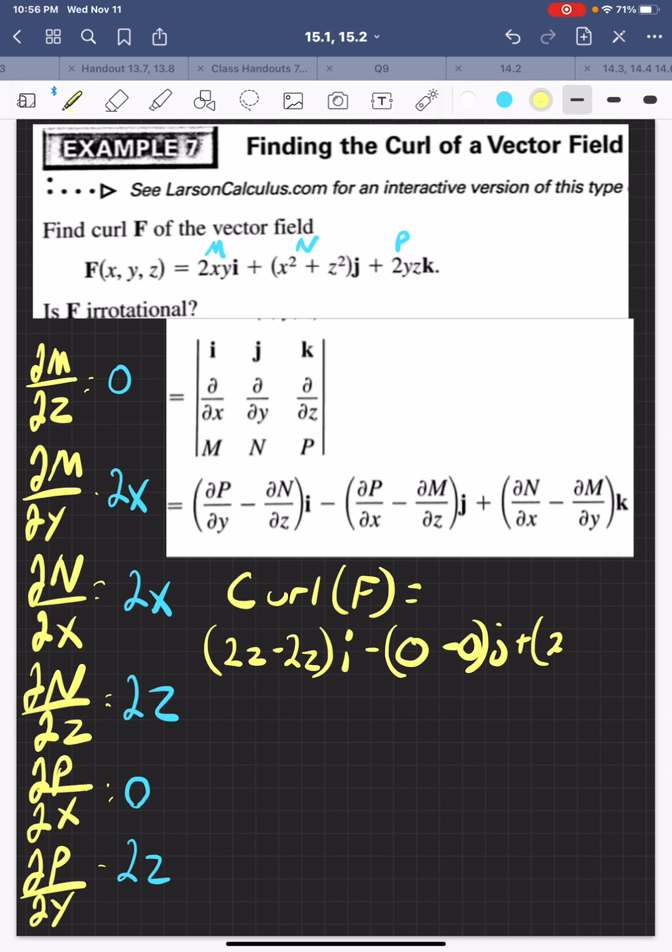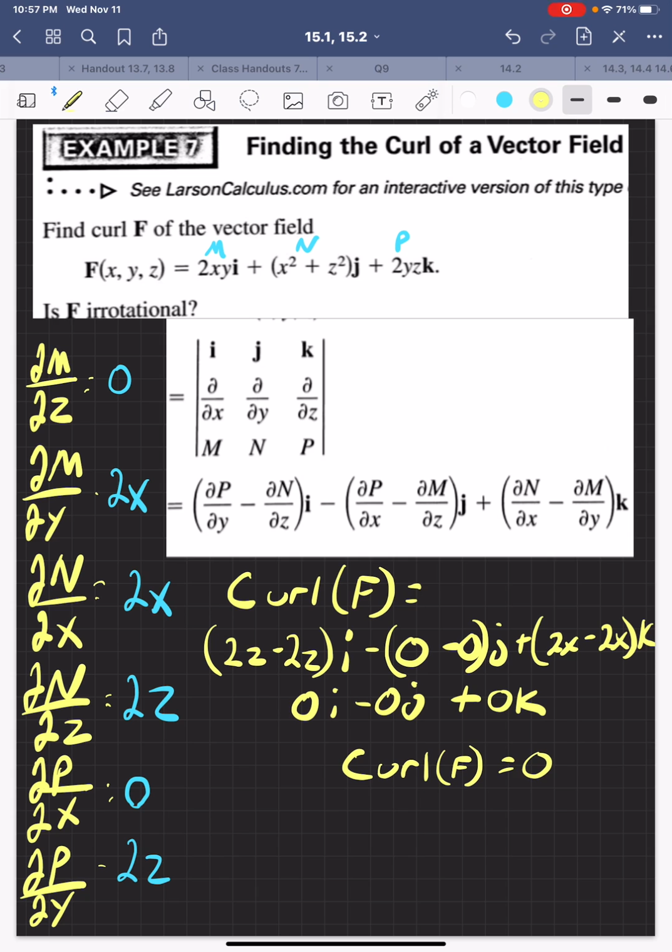And then 2x minus 2x, k. So we end up with 0i minus 0j plus 0k. We end up with the 0 vector. In other words, the curl of F is just simply equal to 0.